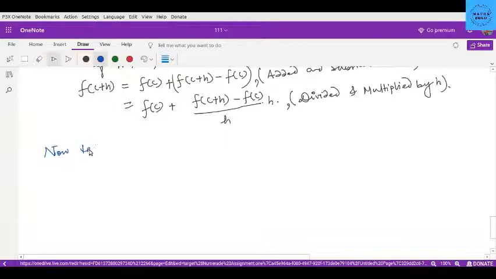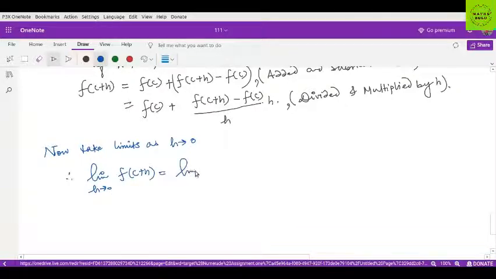Now further in the lecture we now take limits as h tends to 0. Therefore we have limit h tending to 0 f of c plus h.